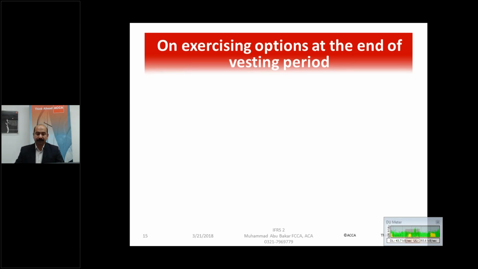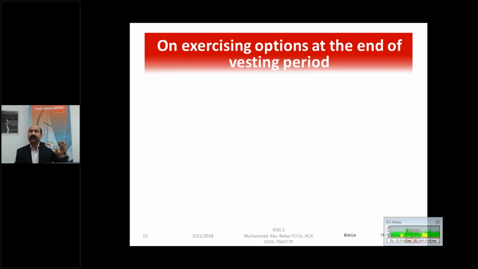On exercising options, at the end of the vesting period, because this was equity settled, you will be issuing shares. You will be issuing equity instruments. So what will be the entry? Again, if you just recall the basic concept, whenever we issue shares, what is the entry?